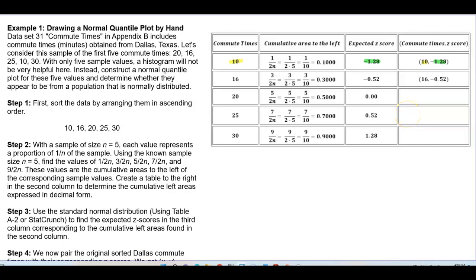Next, we know the next commute time is 16, and the corresponding z-score for that is negative 0.52. And then we have the next value of 20, and the corresponding z-score for that is 0.000.